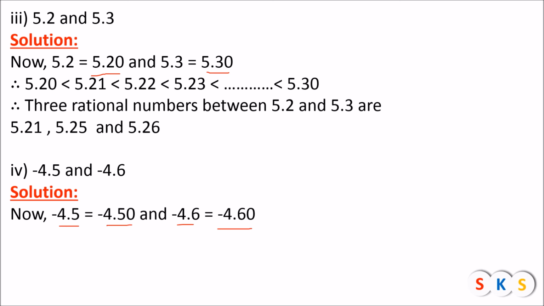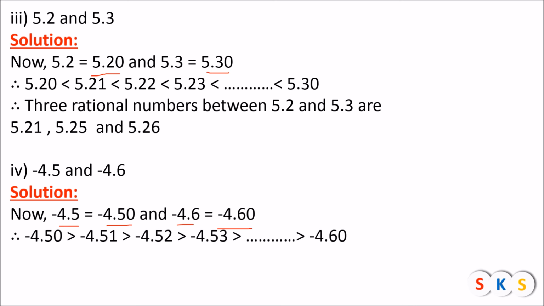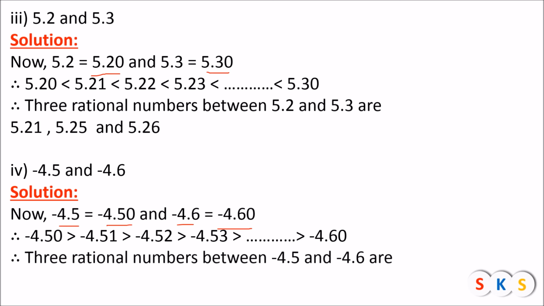The meaning of the number will not change. So you will get minus 4.51, minus 4.52, minus 4.53, minus 4.54. So many numbers you will get. So the three rational numbers between minus 4.5 and minus 4.6 are minus 4.51, minus 4.52, and minus 4.53.